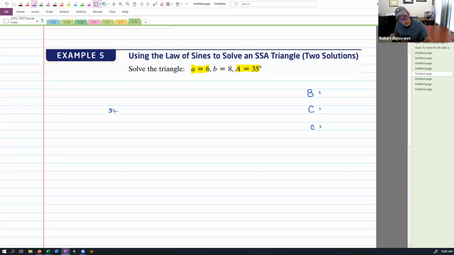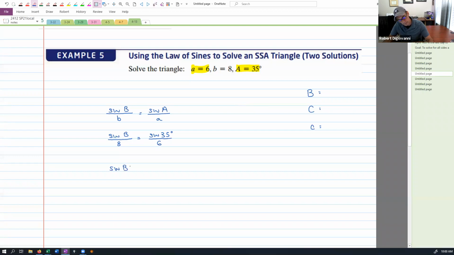I'm going to write sine of capital B over little b must equal sine of capital A over little a, and that's because I know everything I need to know about A. So sine of capital B over little b, which is 8, must equal sine of 35 degrees over 6. Clear the fractions.